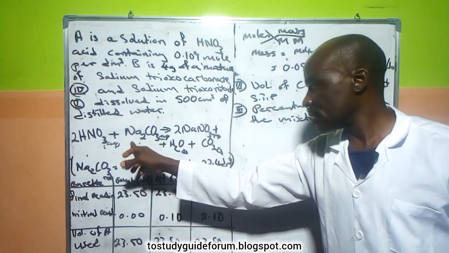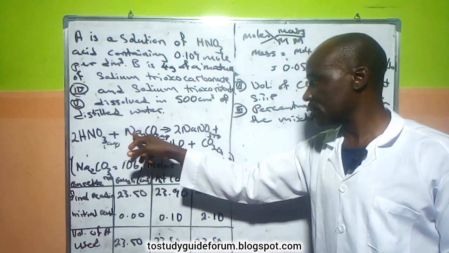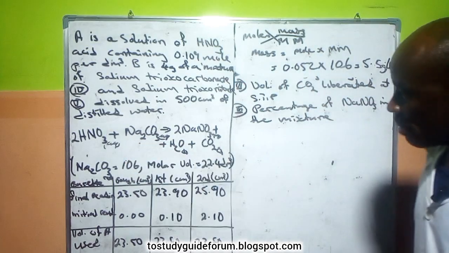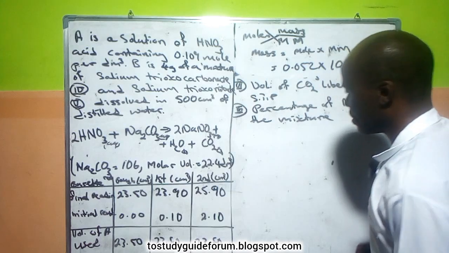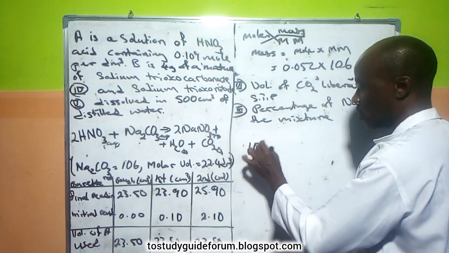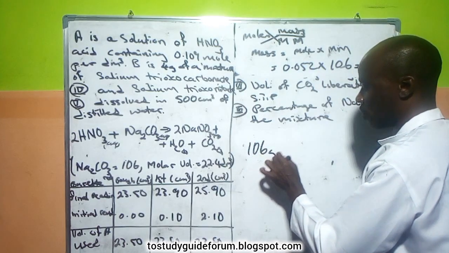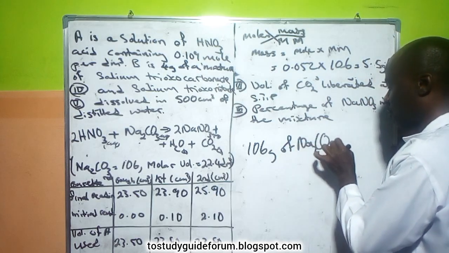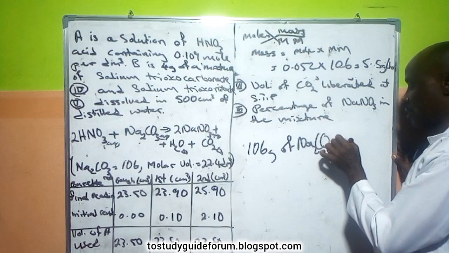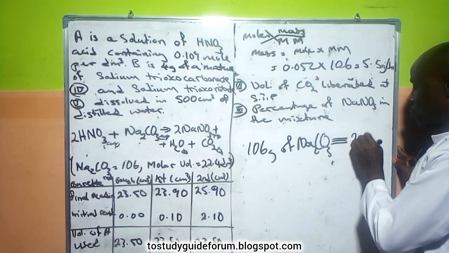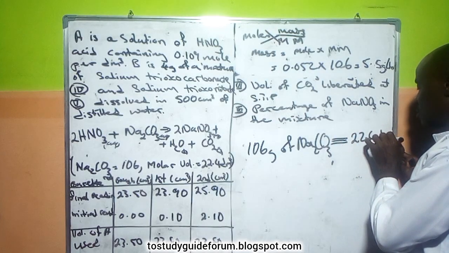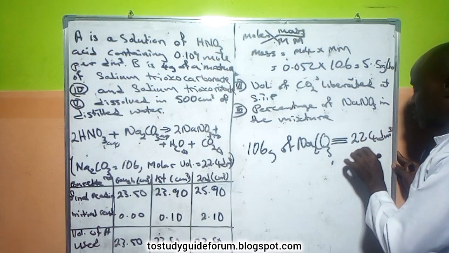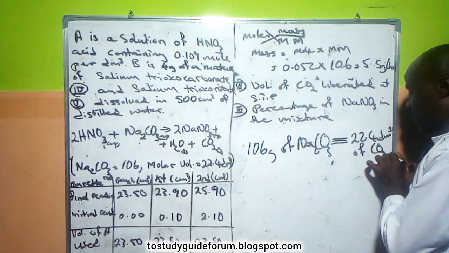So here now, from the balanced chemical equation, we find out that 106 grams of sodium trioxocarbonate IV will liberate 22.4 dm cube of carbon IV oxide.